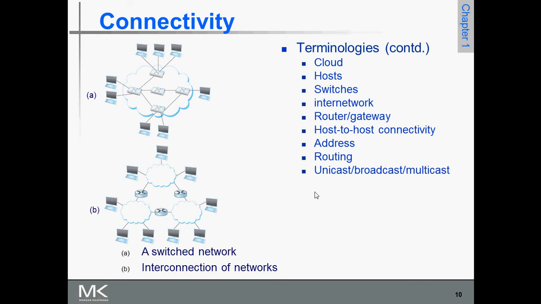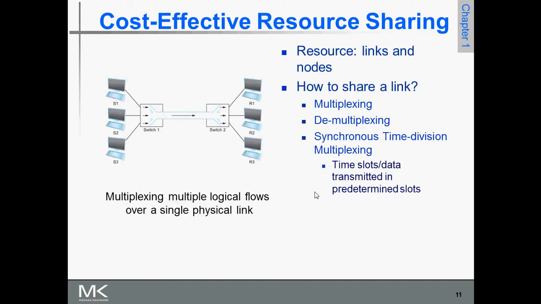In order to understand more about scalable connectivity, you need to know all these terminologies. So the first requirement is scalable connectivity, that is, your network should be capable of dynamically adding new nodes according to the client requirement. The next important requirement is cost effective resource sharing.